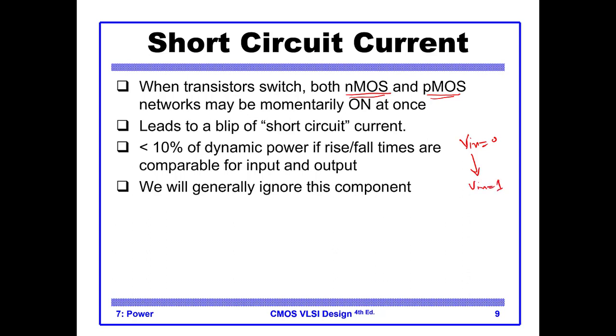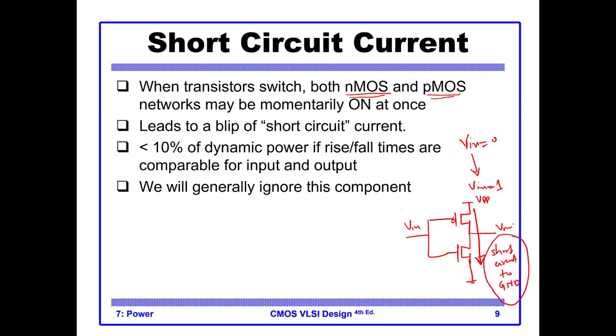There is a moment in time when both the PMOS and NMOS are momentarily on. So when both are on, there will be a short circuit to ground, and there will be a flow of current.